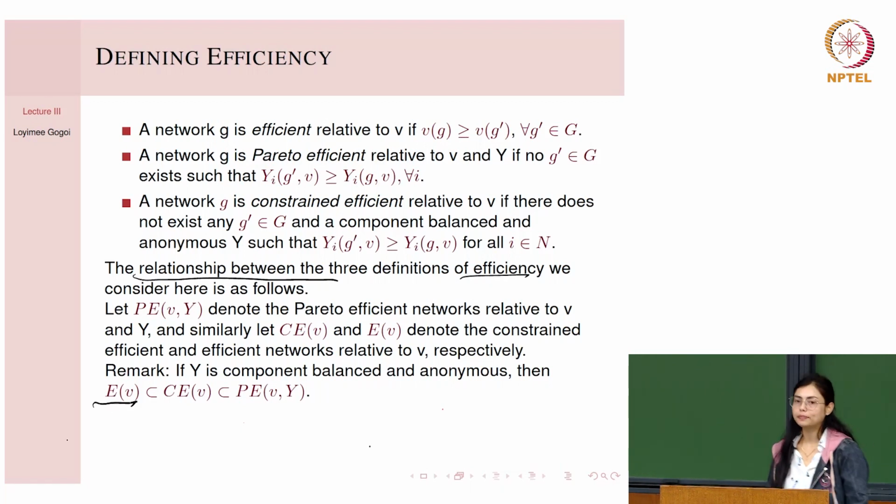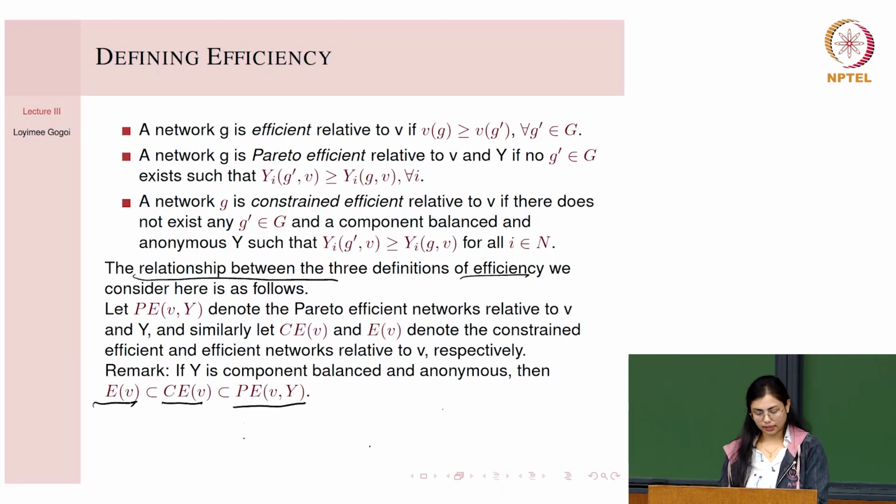The class of networks that are constraint efficient is contained in the class of efficient networks E on V, and P is the class of all Pareto efficient networks. This class is bigger than CE, which is bigger than E. So each class contains the other, right?